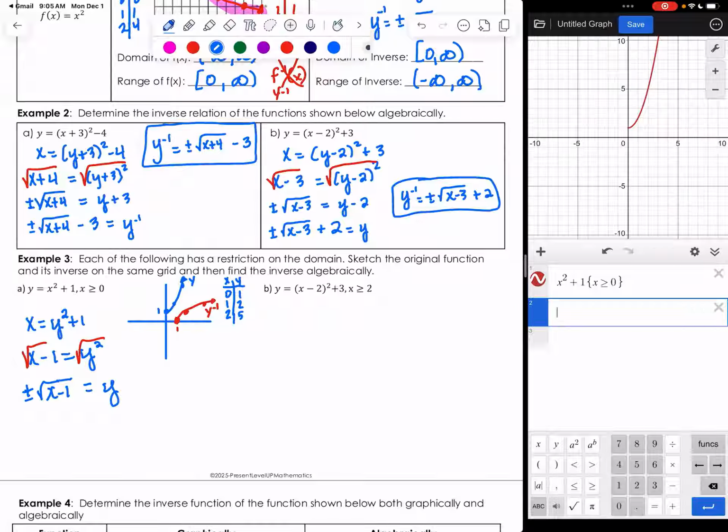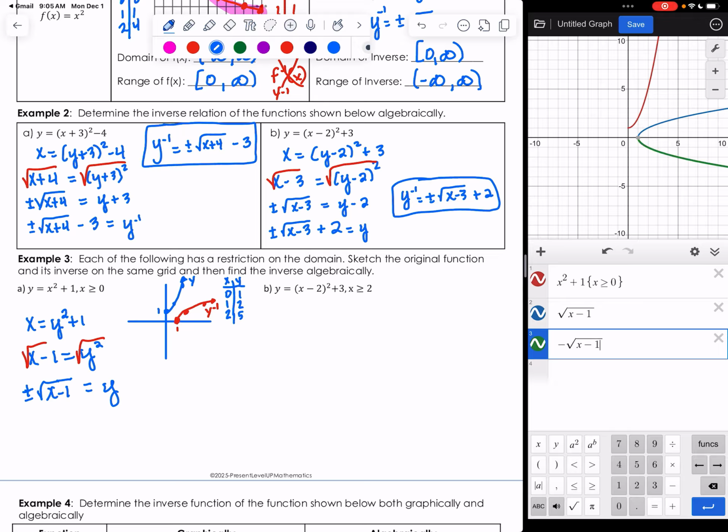Now, if I were to type in square root of x minus 1 and then negative square root of x minus 1, do you see that I would get two branches, one that opens up and one that opens down? In our picture, we only want the branch that opens up. So I cannot use both of these functions. I have to either use the positive square root of x minus 1 or the negative square root of x minus 1. So obviously I want the one that opens up.